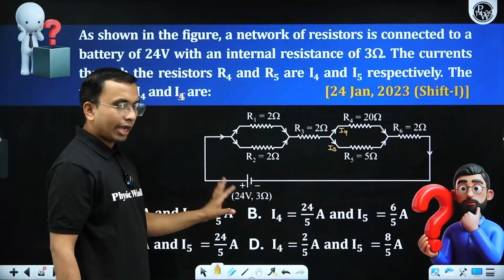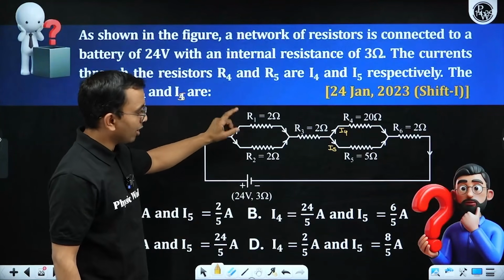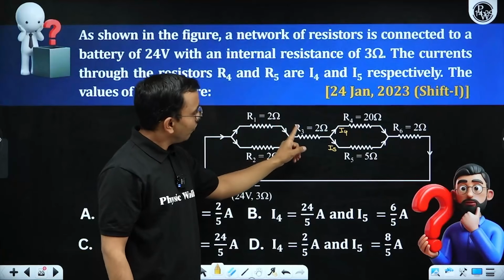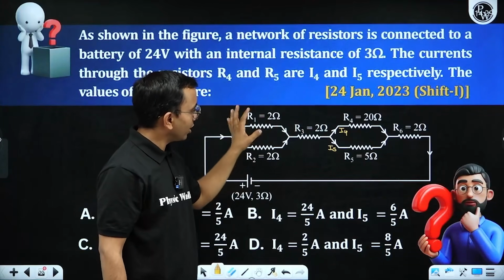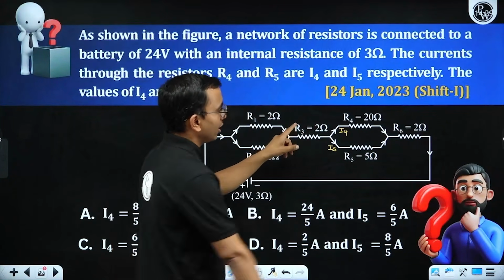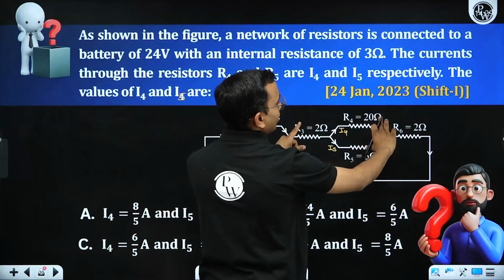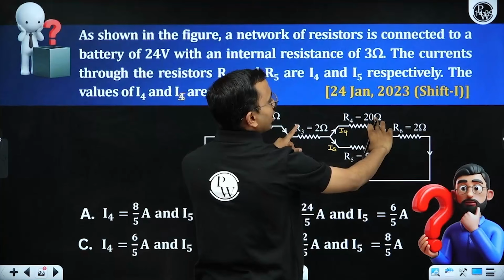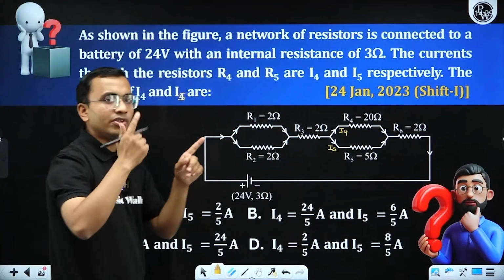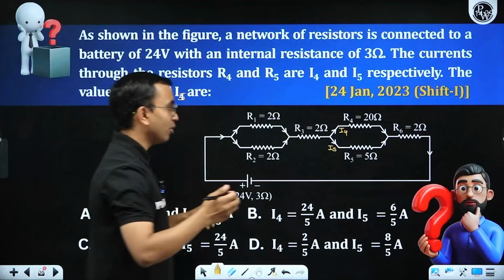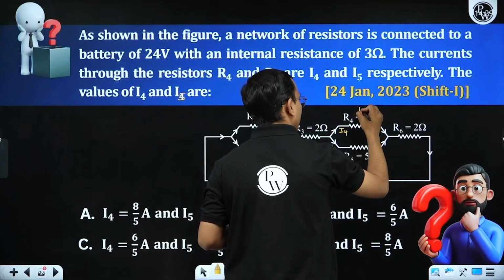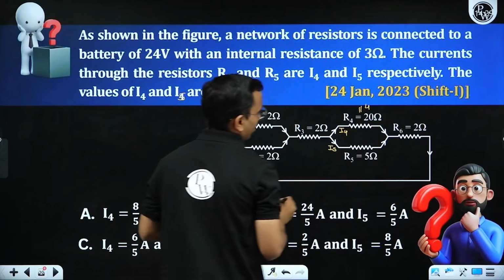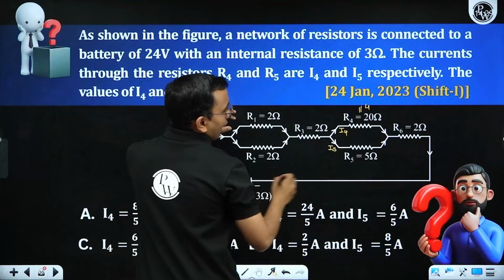For total current, I need total resistance. 2 and 2 in parallel, equivalent is 1. 1 plus 2 is 3. 20 and 5 are in parallel. Equivalent will be 20 into 5 divided by 20 plus 5. That will come out to be 4. So this equivalent is 4, and this is 2.